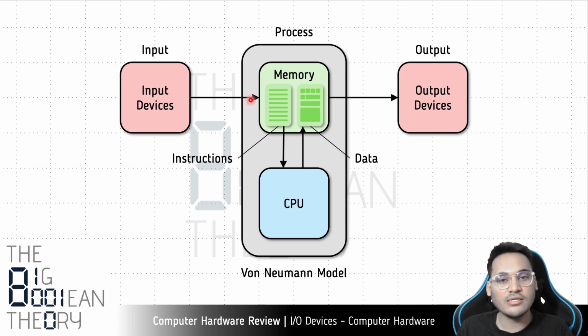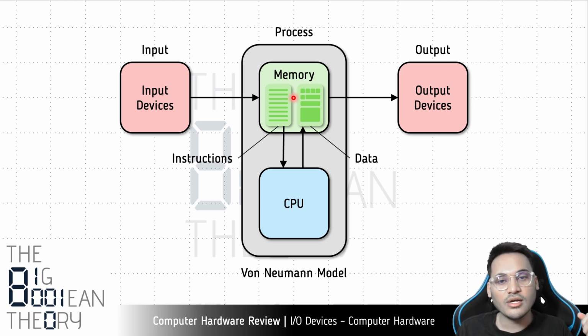The input received from the input devices goes into the memory, and then the processor processes that data, and finally when some output data has been generated, it is sent to the output devices for the consumption of the user. So the role of the input devices is to receive input from the user, and the output devices are there because from there the user can consume the generated output.